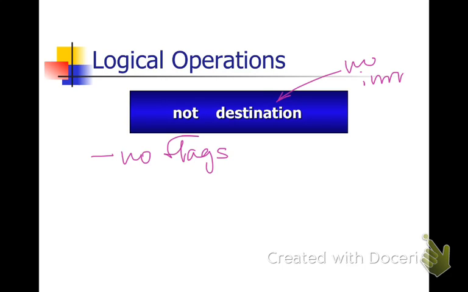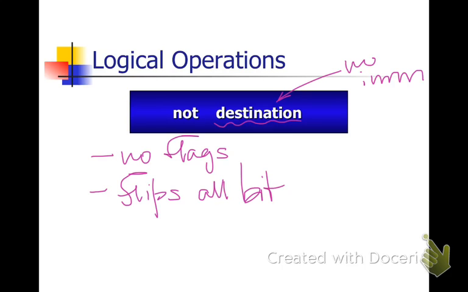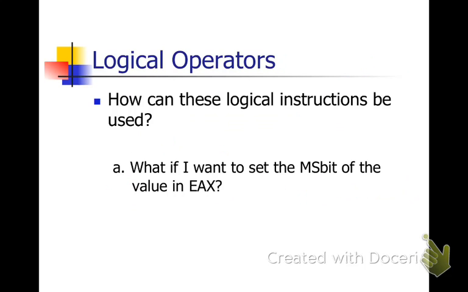So no immediate values, for the same reason we've never used an immediate value as a destination in any of the other instructions. What does not do? Not flips all bits in the destination. This should be familiar. This is the same as one's complement. Okay? Alright, so there are the instructions.